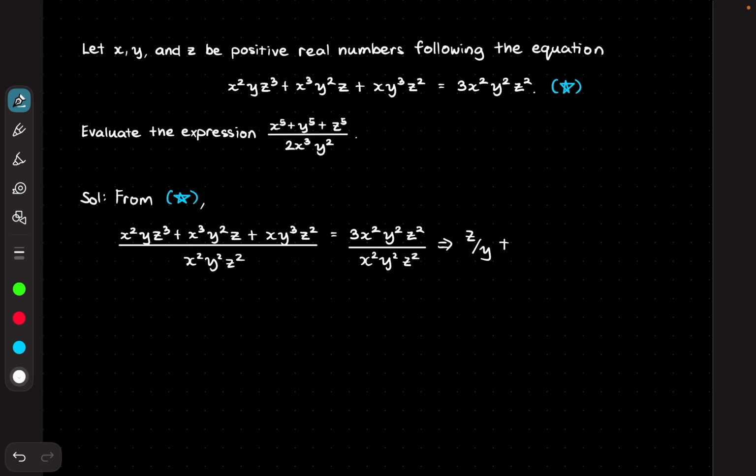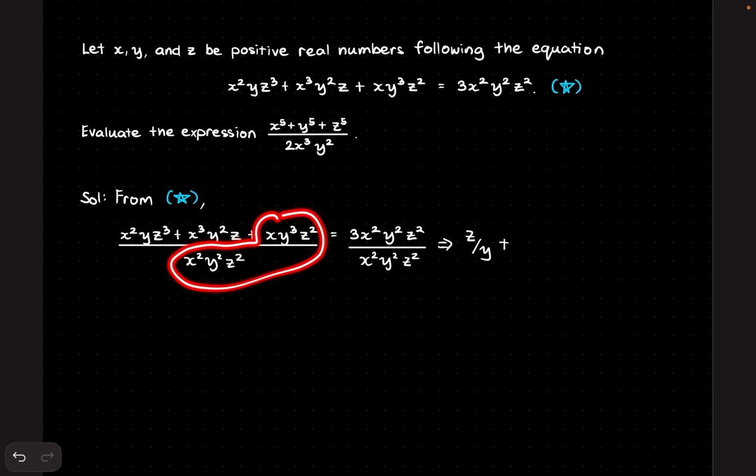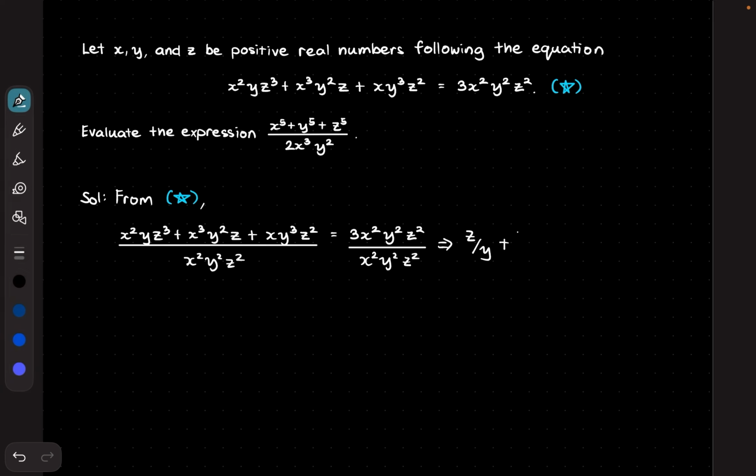Doing the same process for this and then this, you can obtain similarly that we'll have x over z and then y over x equal to 3.